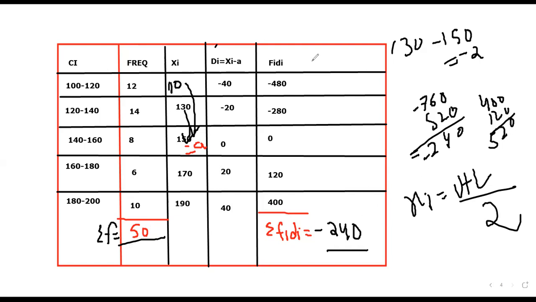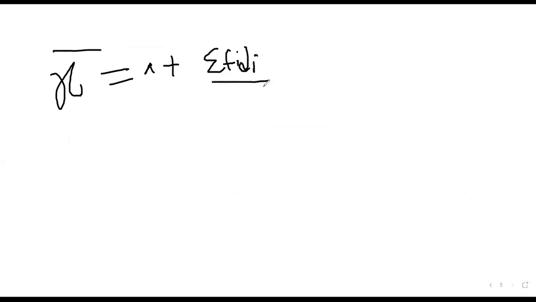Next, we calculate the mean: x bar is equal to a plus sigma of fi di divided by sigma of fi.